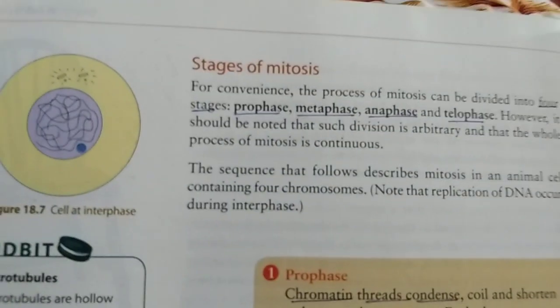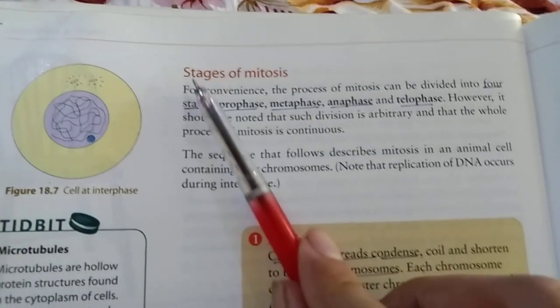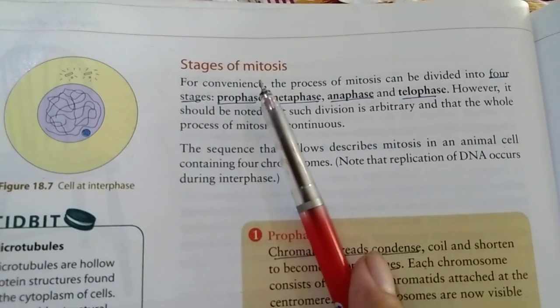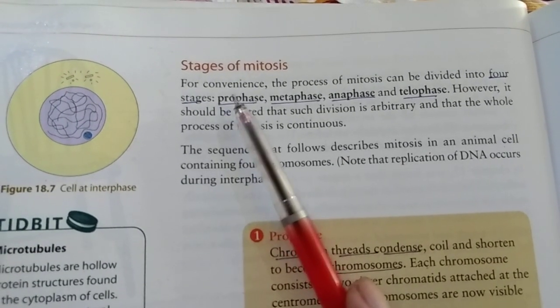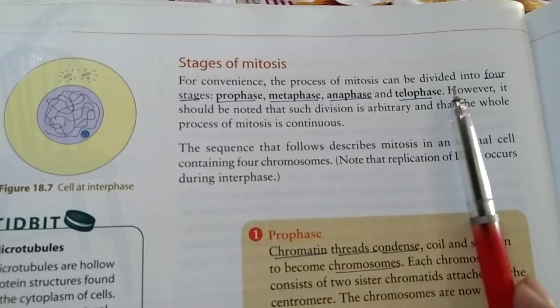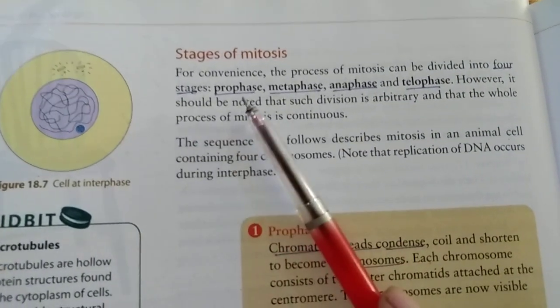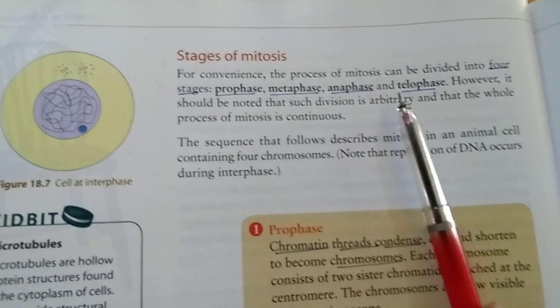Now we discuss the stages of mitosis. For convenience, the process of mitosis can be divided into four stages: prophase, metaphase, anaphase, and telophase.